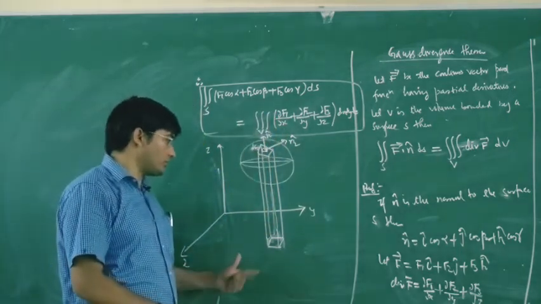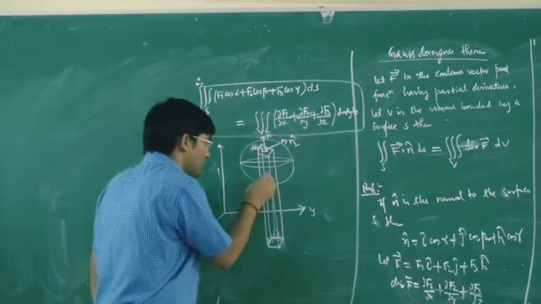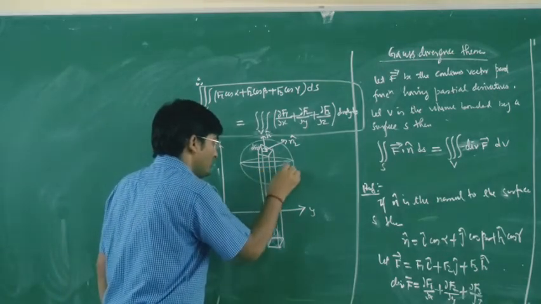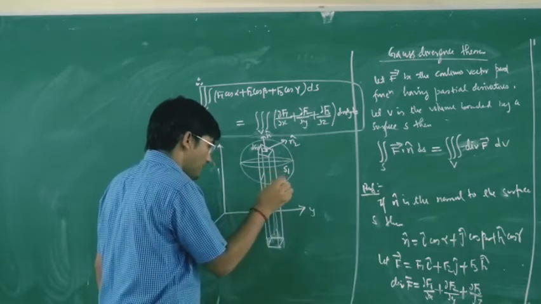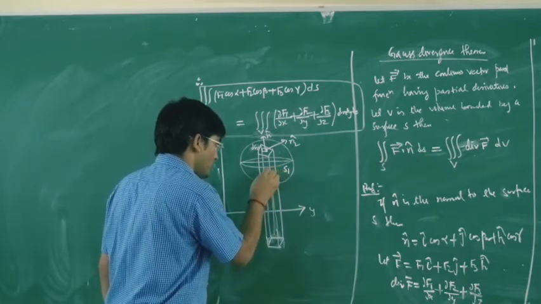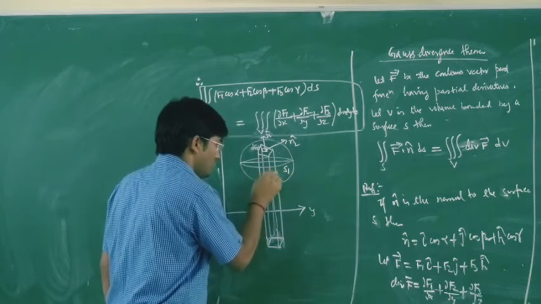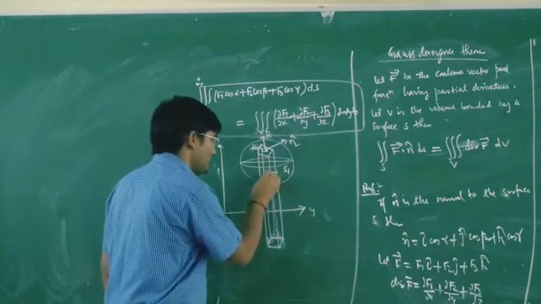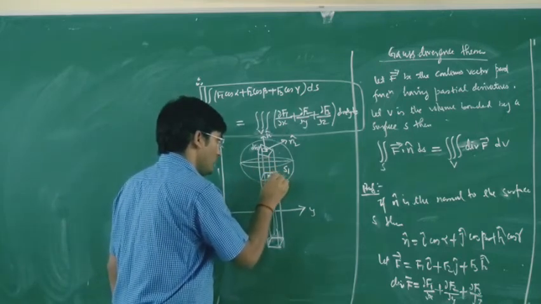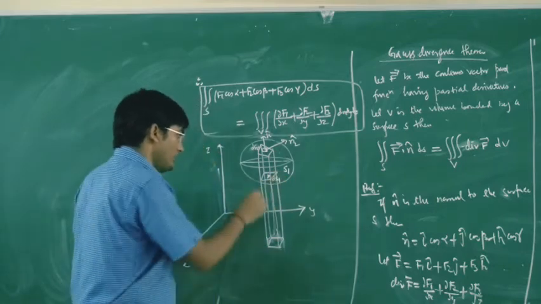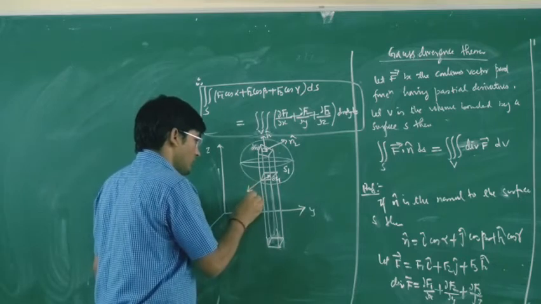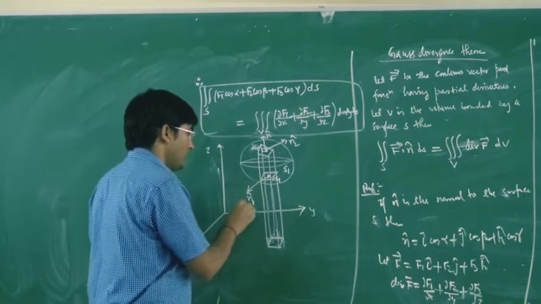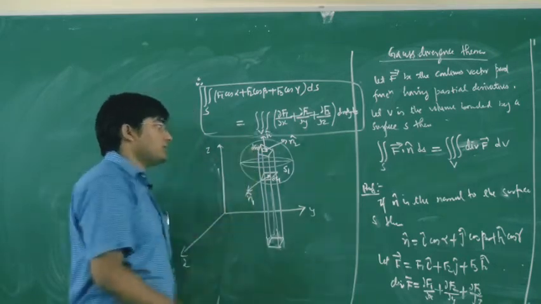And again consider an elementary area of the S1 surface, say this is your ds1, and the unit normal to this ds1 is n1 cap, and again the outer normal is k cap.